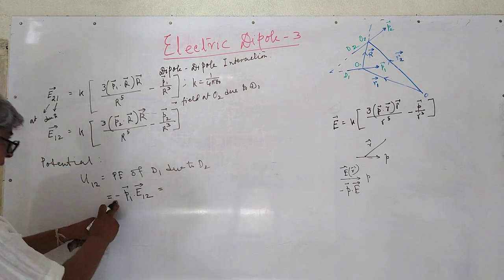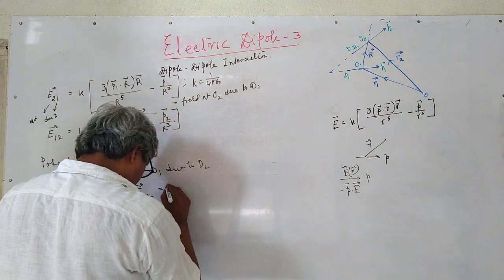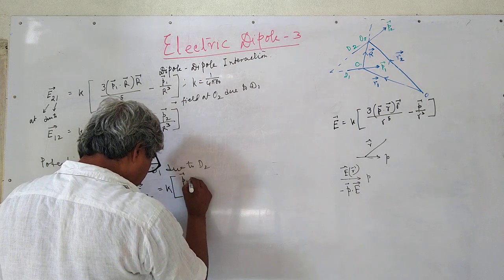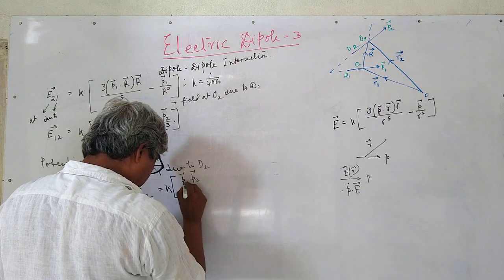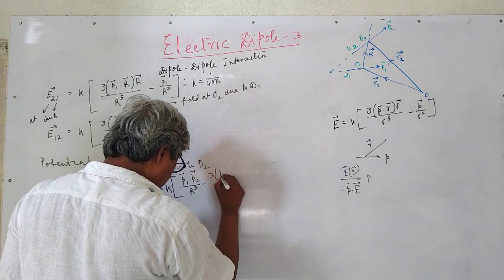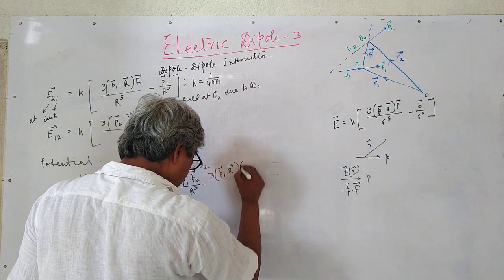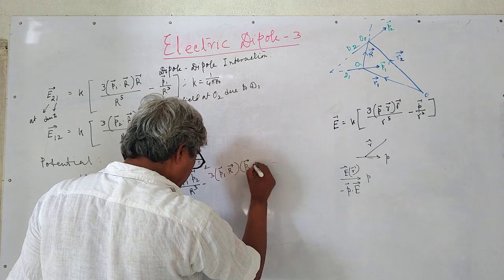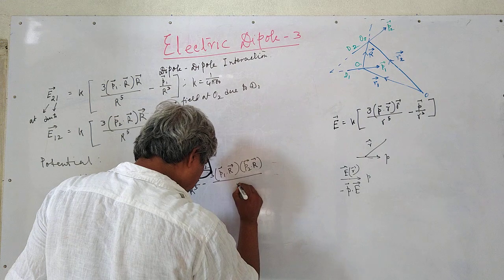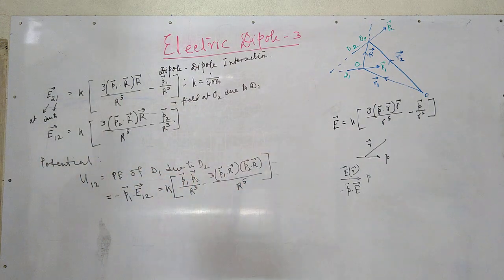You note that there is a minus sign, and if we adjust this sign, this comes out to be this expression for the potential energy.